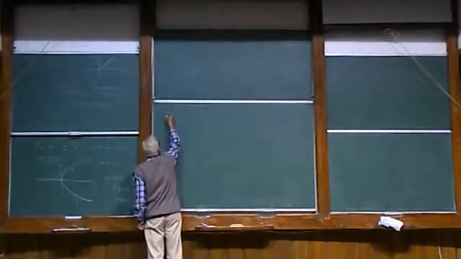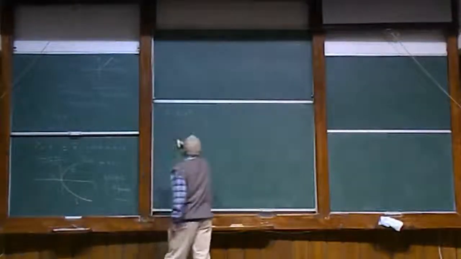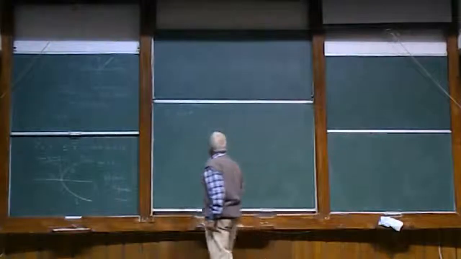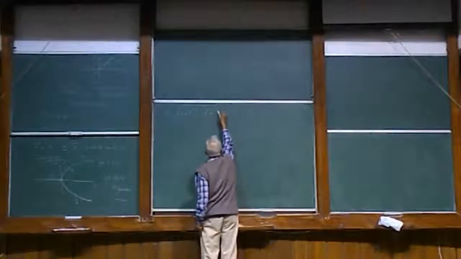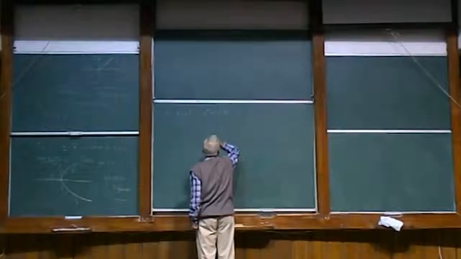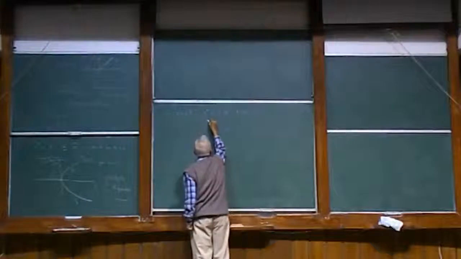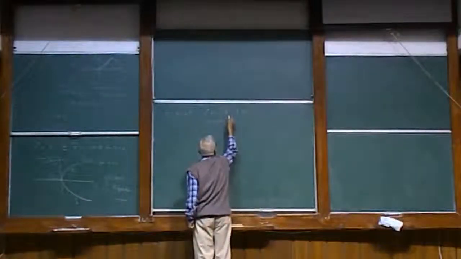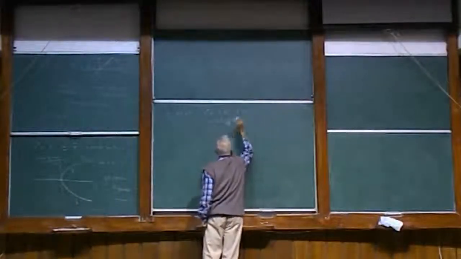And then we did a third, which was x dot equal to r minus x squared, where the fixed points are x star equal to plus minus square root of r for r greater than 0. No real fixed point for r less than 0.